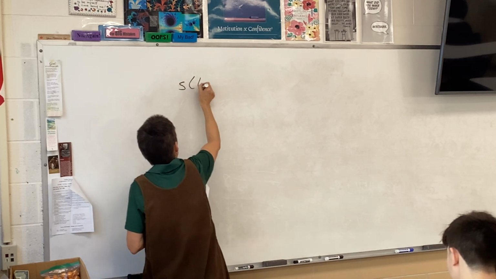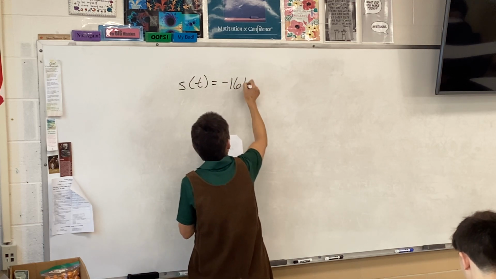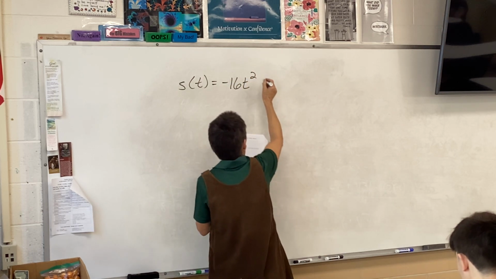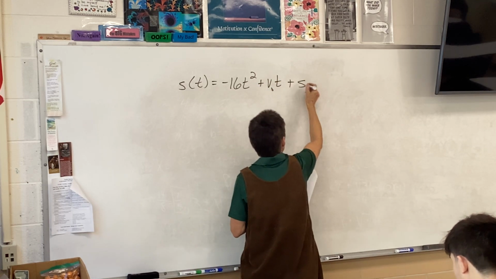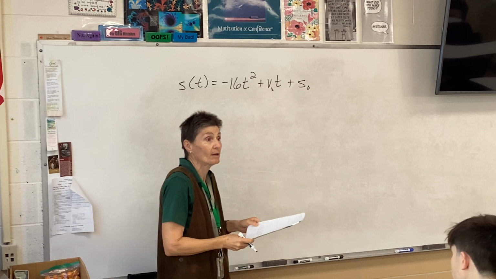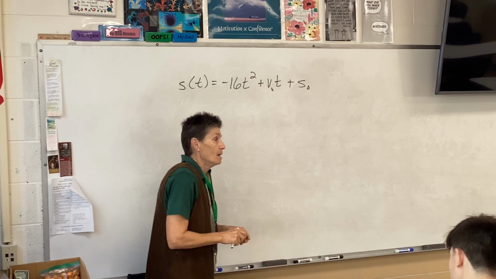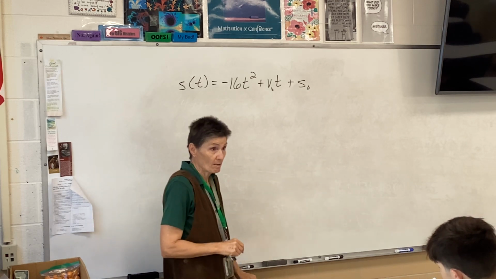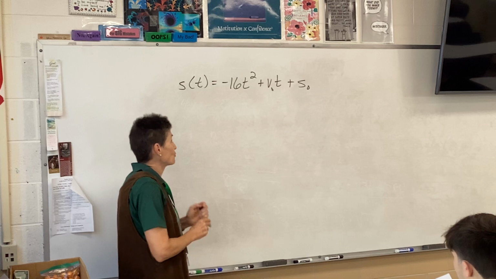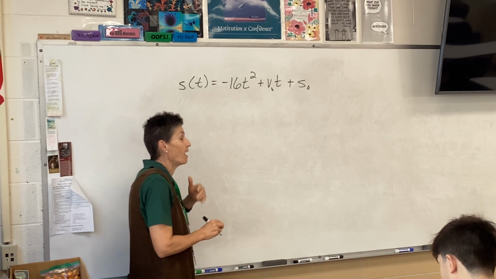Now, this formula that you are not responsible for memorizing, you will be given the formula if you ever need it. It's called the projectile motion formula. And projectiles are things that are thrown through the air. And this describes how high the object is after a certain amount of time.